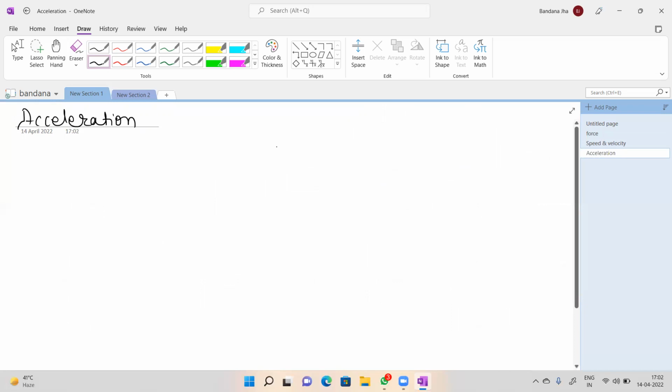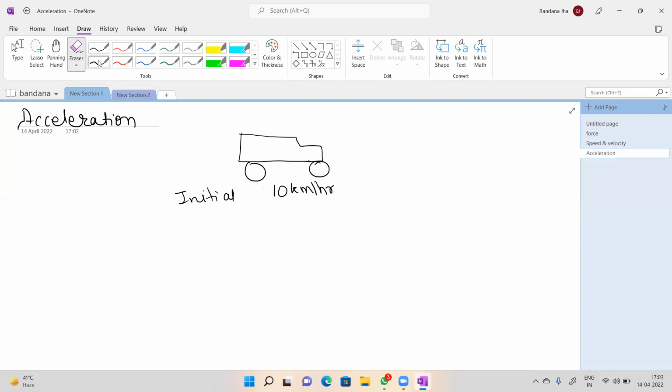See, acceleration means what? Suppose initially my body is traveling at 10 kilometers per hour. So this is the velocity of my body. Initial velocity is how much? 10 kilometers per hour. Now the body has traveled from here to here.